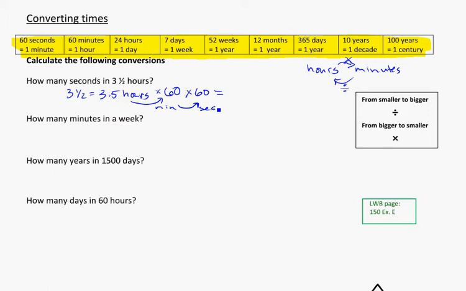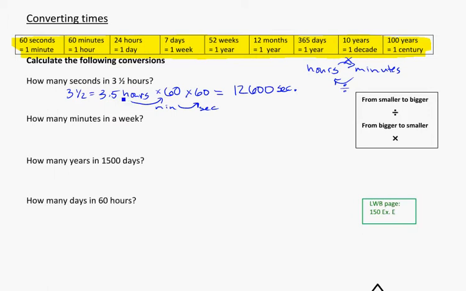And that will tell us what we've got. So if you go into your calculator and do 3.5 times 60 times 60, you're going to get 12,600. So 12,600 seconds in 3.5 hours. So 3.5 hours is equal to 12,600 seconds.